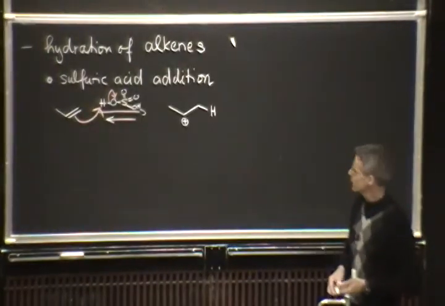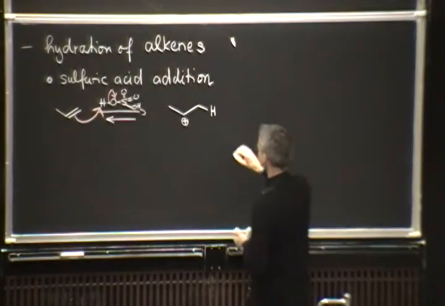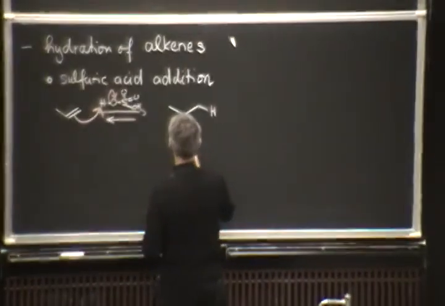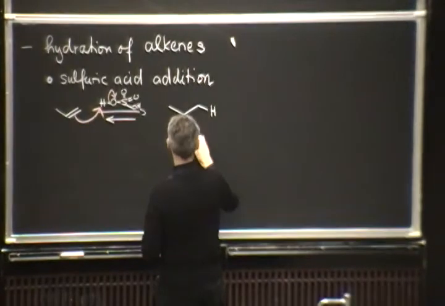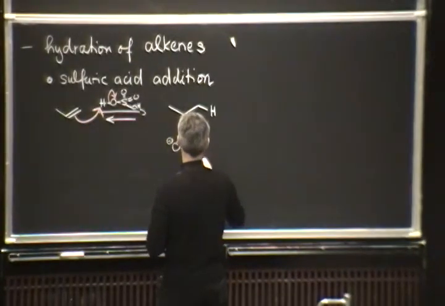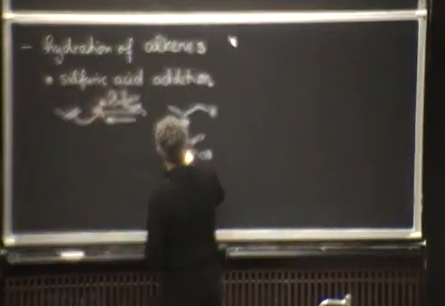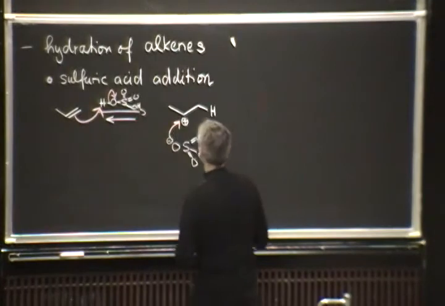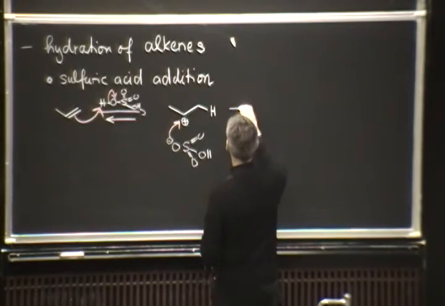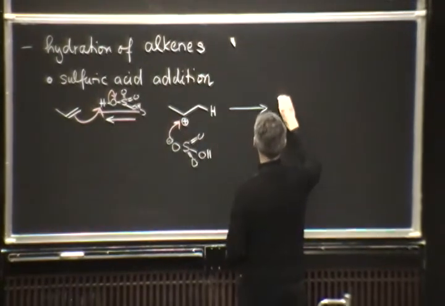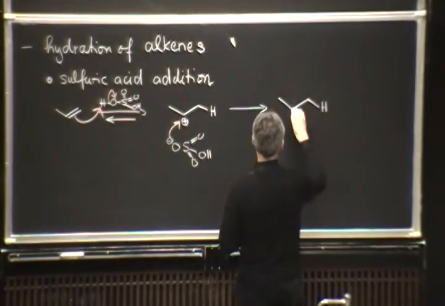This is very similar to what I showed you on Tuesday. As a counterion here, you have the sulfate. And so there's a recombination between the two species, and that leads to the formation of a sulfate ester.